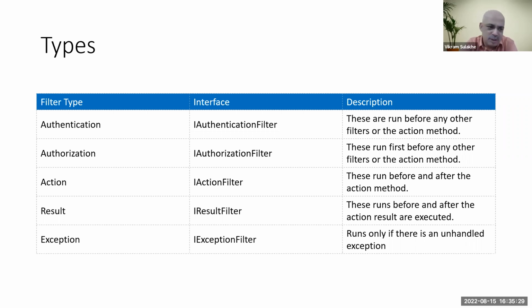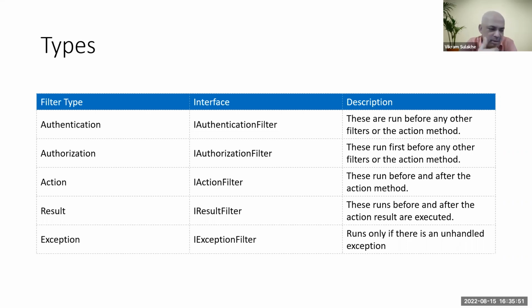Now, once you've finished the step of authentication or authorization and seen that, okay, he can access that method, the next thing you have is the action filters or the result filters. Again, both of these are very, very close to each other.